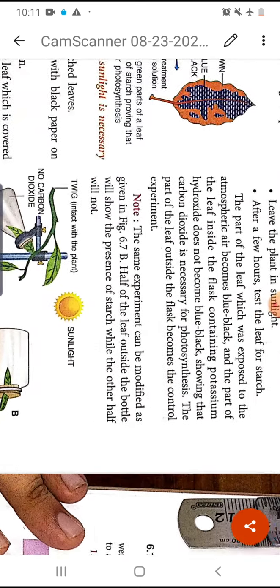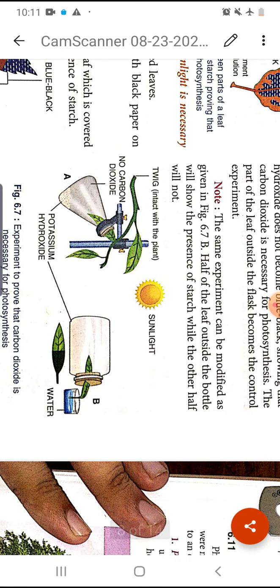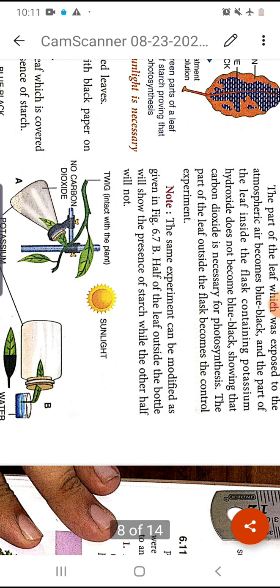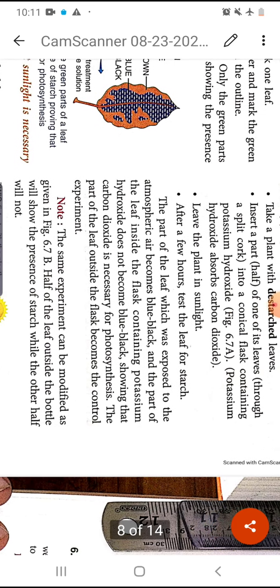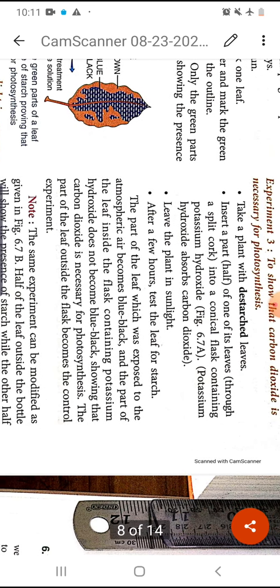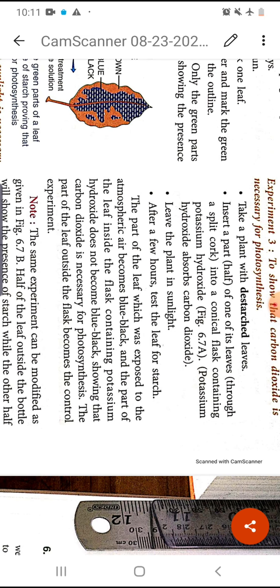In flask A, you can see one leaf is inserted inside the conical flask, which contains potassium hydroxide.